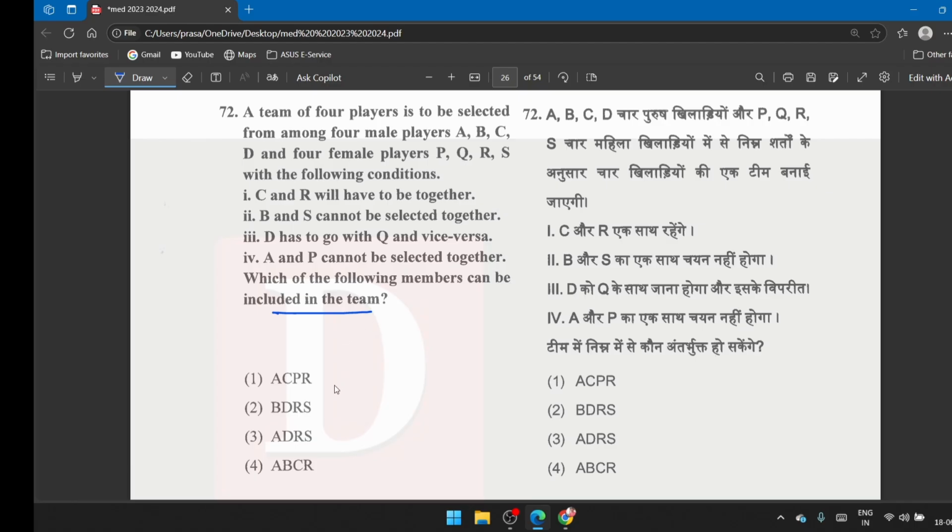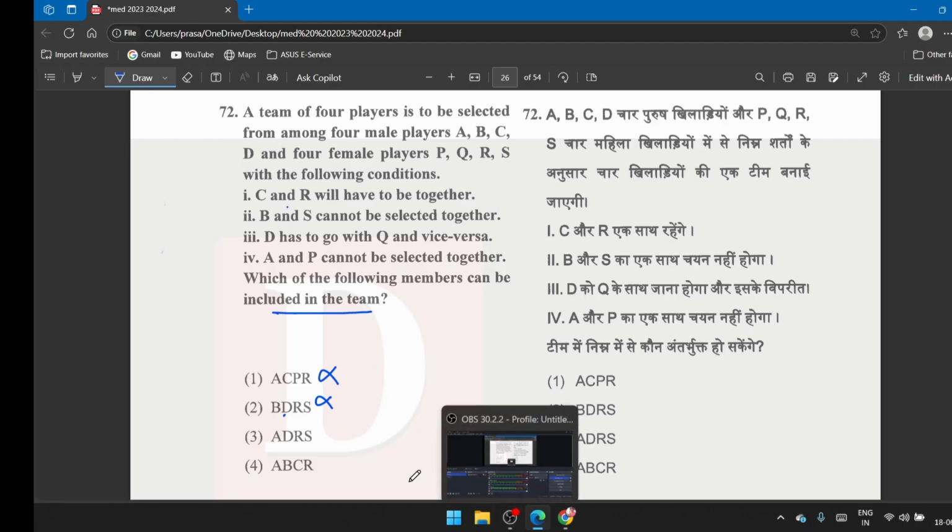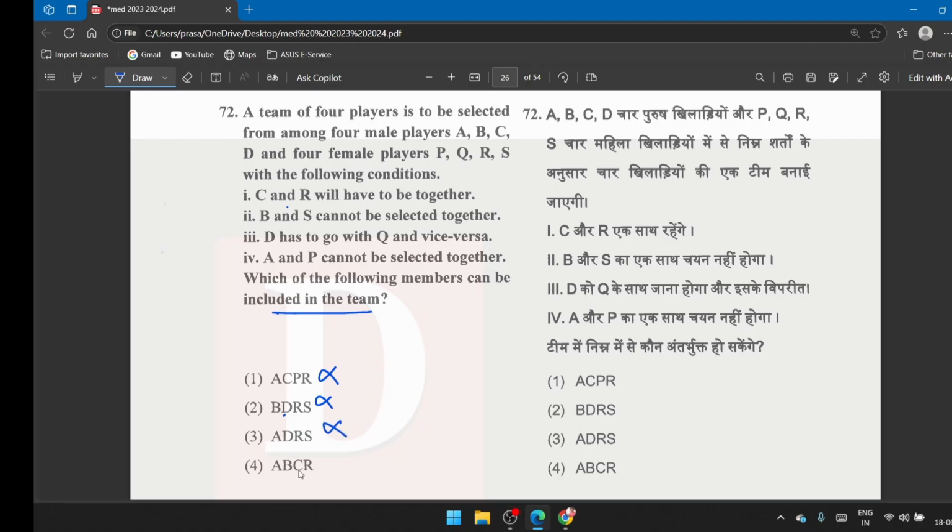Let's see. ACPR, A and P cannot be selected together. This cannot be. B and S cannot be selected together. This also cannot be. ADRS, D has to go with Q, and C and R should go together. C and R will have to be together. So this also cannot be. Okay, C is coming with R here. D has to go with Q and vice versa.